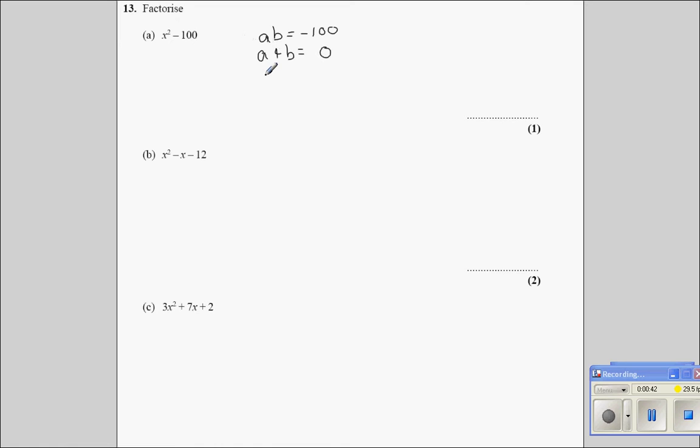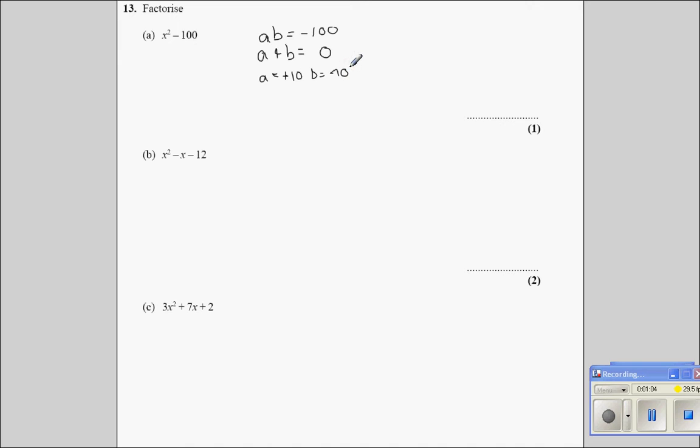Two numbers must be plus 10 and minus 10.